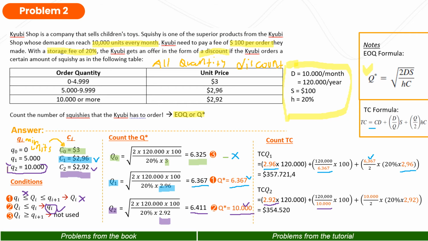And then we get the total cost for the Q2 is $354,520. So we compare these two, and we choose the smaller one, and then we decide to purchase 10,000 units because it has the lower total cost.